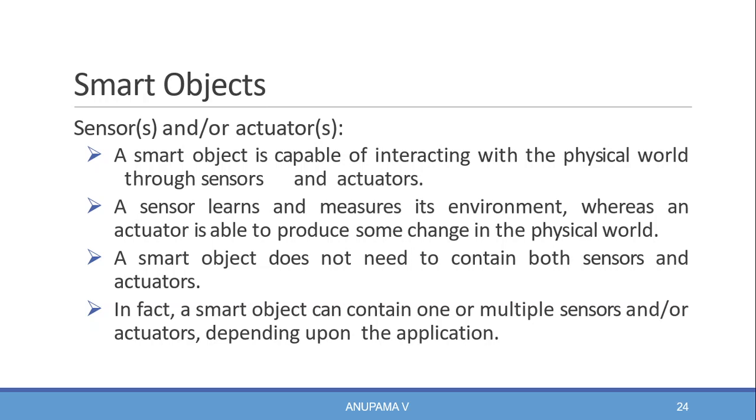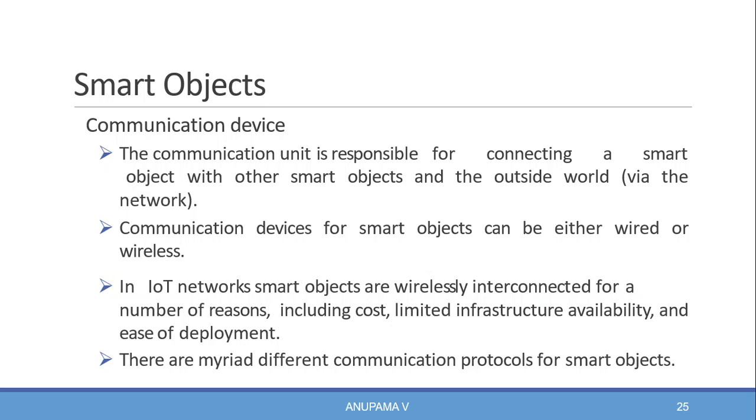A smart object does not need to contain both sensor and actuator. A smart object can contain one or multiple sensors or one or multiple actuators depending on the application where it is used.